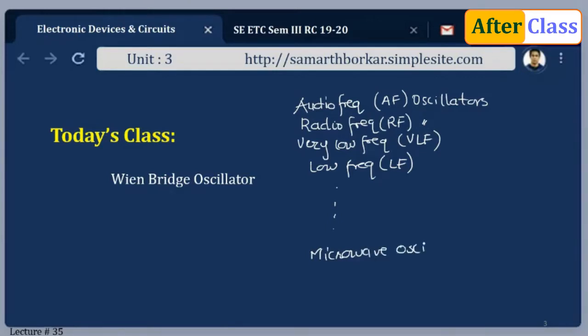And this classification is based upon the approximate range. For example, when I say audio frequency, it is 20 hertz to 20 kilohertz. So if I want an oscillator to generate audio frequencies, then I need to go for an RC phase shift oscillator, which produces oscillations of low frequency.